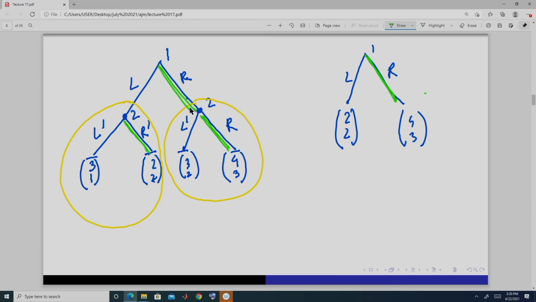So, in this game, the subgame perfect Nash equilibrium is this in this game, and this in this game, and then it chooses this one.